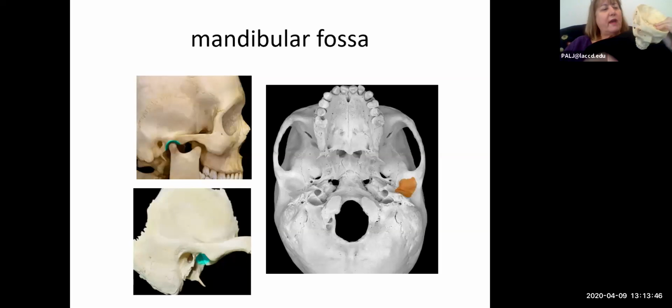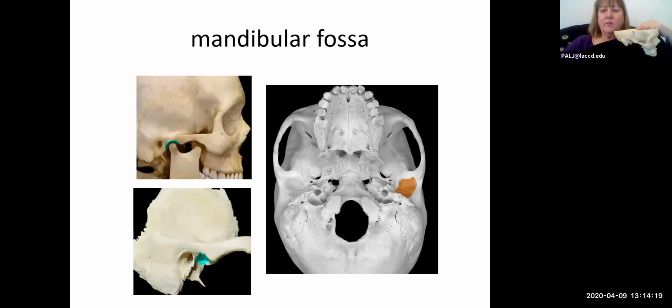Continuing on, go back to the lateral view. Find the ear hole and go anterior this time, okay? And if you go anterior, there's a smooth, shallow depression, a fossa. So it's outlined here in that bottom picture. And this is where the mandible is going to articulate. On my particular model, they have a little piece of plastic sitting right in this fossa.